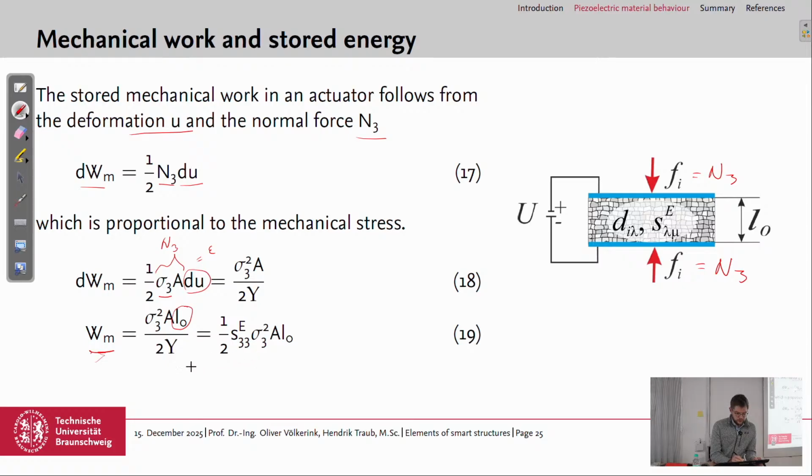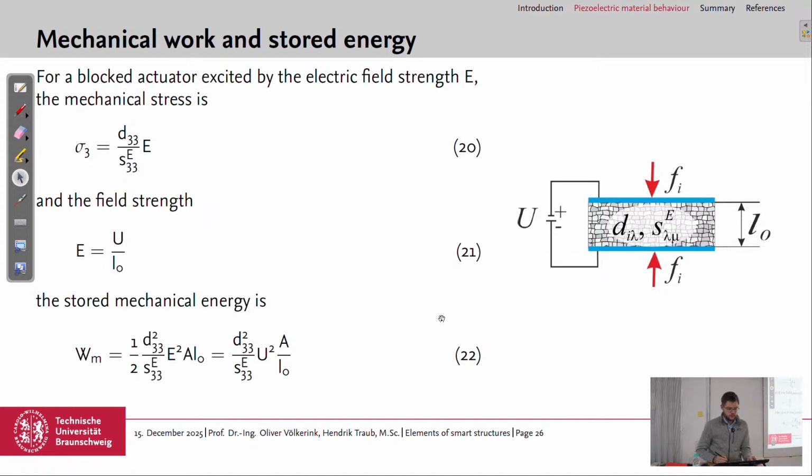And we could also write it not in terms of stiffness, but in terms of compliance again. So for a blocked actuator, which we excite with the electric field E, we can do the same.